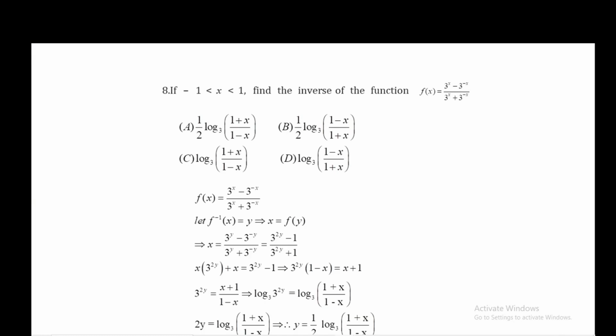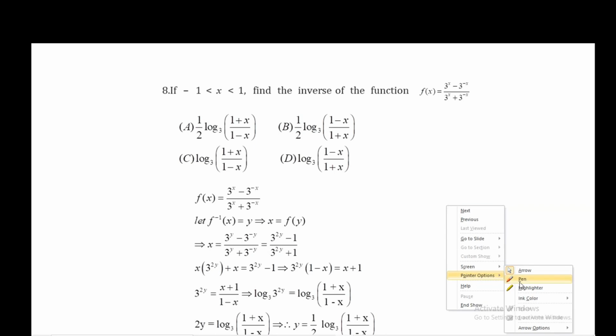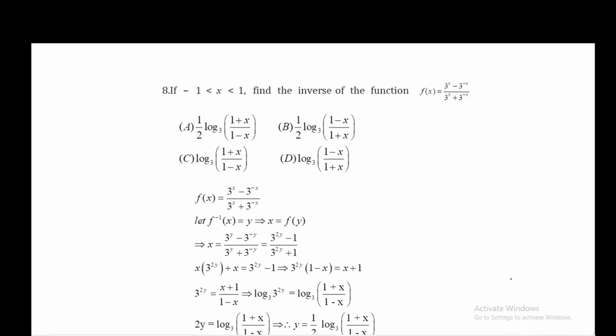Now f of x is equal to 3 power x minus 3 power minus x divided by 3 power x plus 3 power minus x. Let f inverse of x is equal to y, therefore x equal to f of y. So x equal to 3 power y minus 3 power minus y, divided by 3 power y plus 3 power minus y.